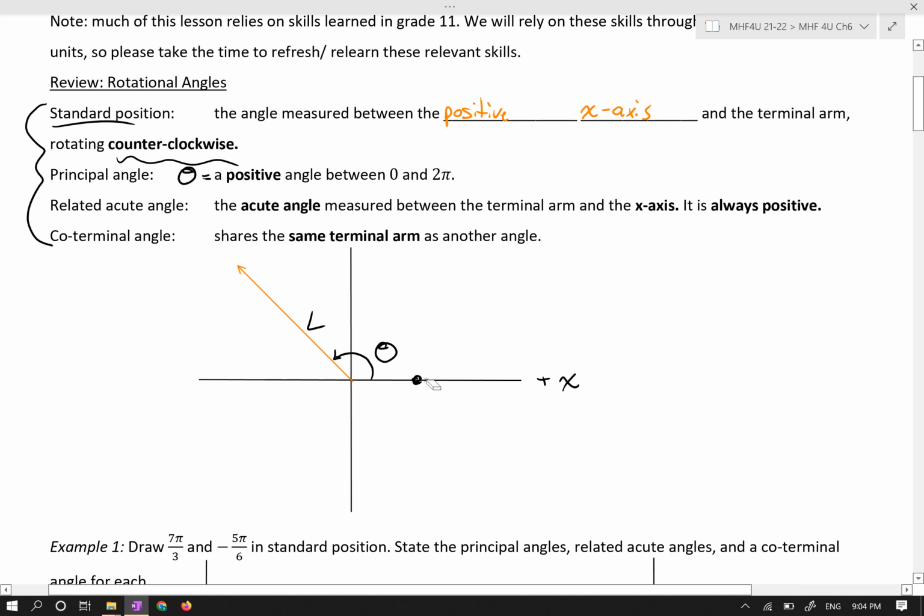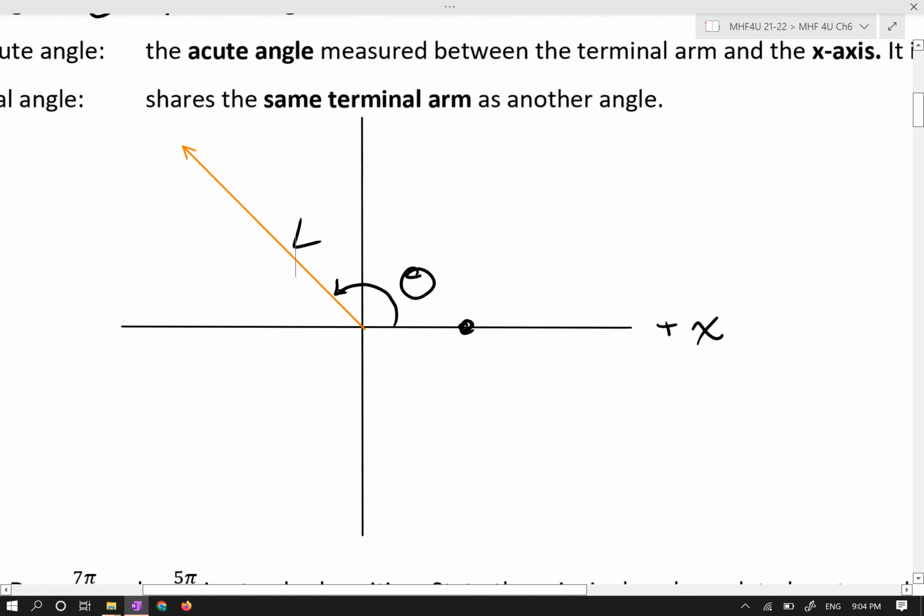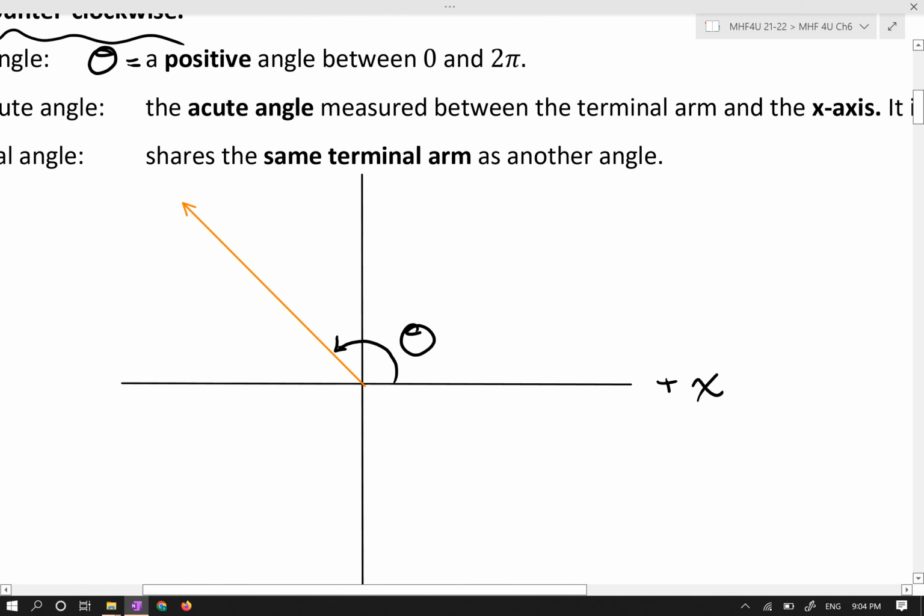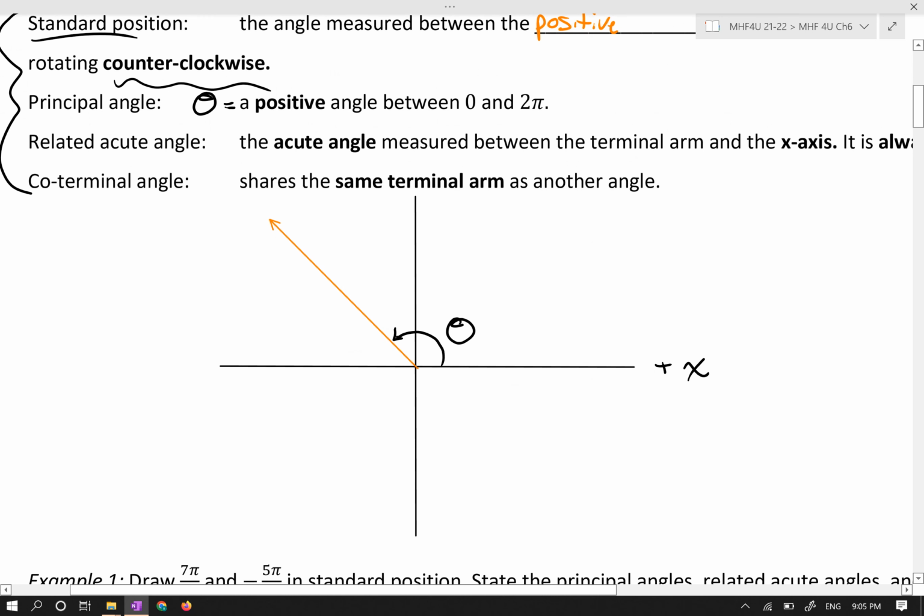Now, and this next bit is frankly where some folks can get confused. Where we're working here is the related acute angle. So the related acute angle is an acute angle, and if it's acute, that means it's less than what we used to call 90 degrees, so it's less than pi over 2.